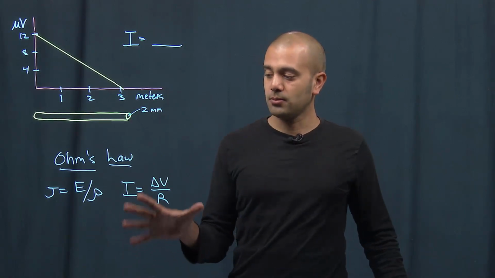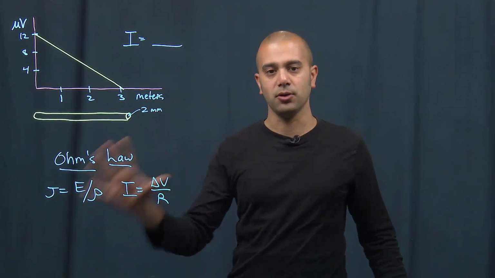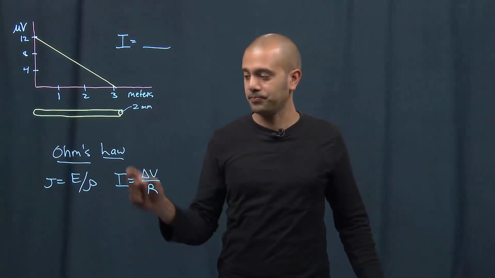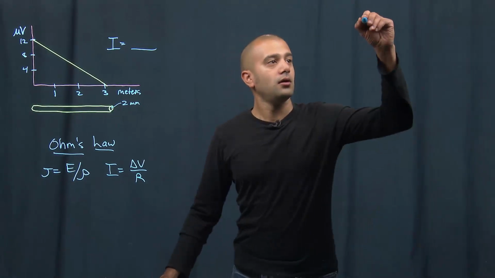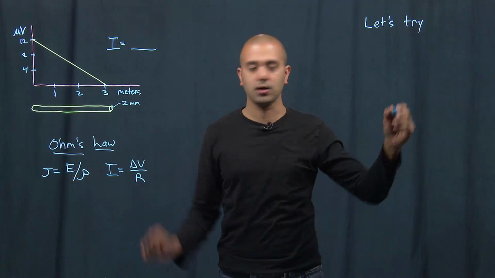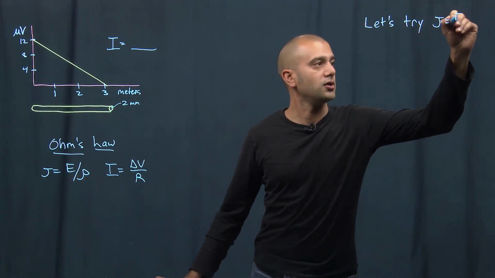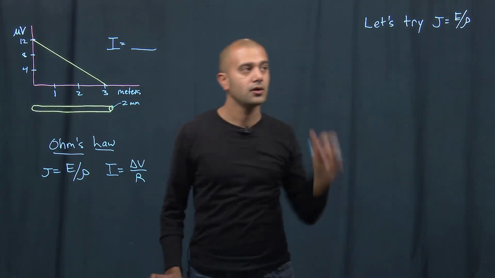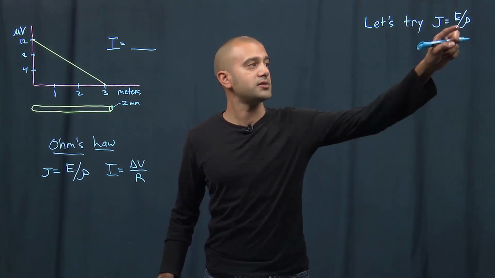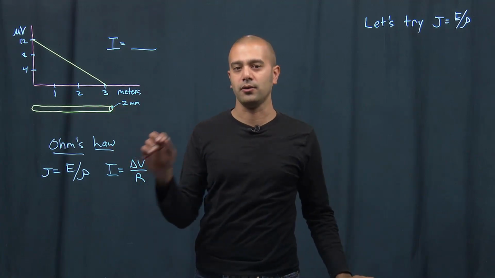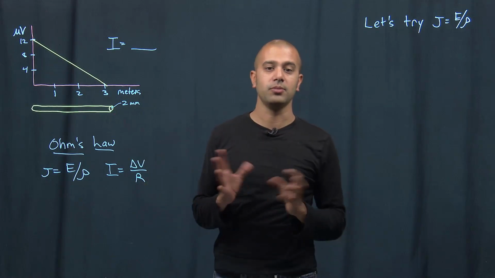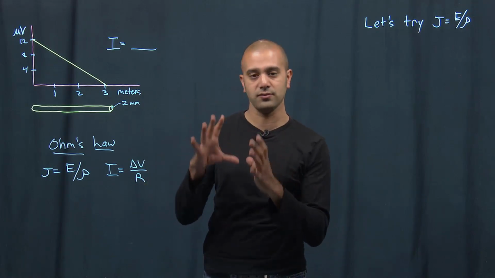It turns out for this problem, since we're given about the same information for both of these equations, either one of them will be about the same amount of work. So we'll do both of them one at a time. Let's use the first one: J equals E over rho. Now what are we given in this problem? We know it's a copper wire, and the resistivity is a material property which doesn't depend on what the wire looks like, how big it is, how it's bent, or what the width of it is.